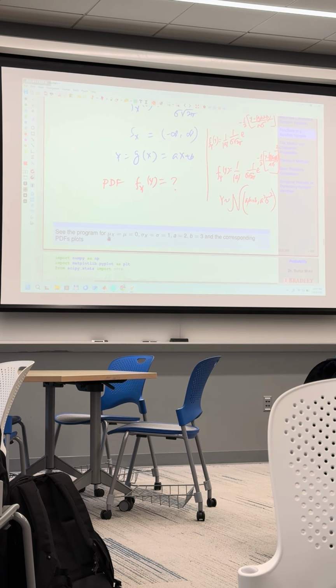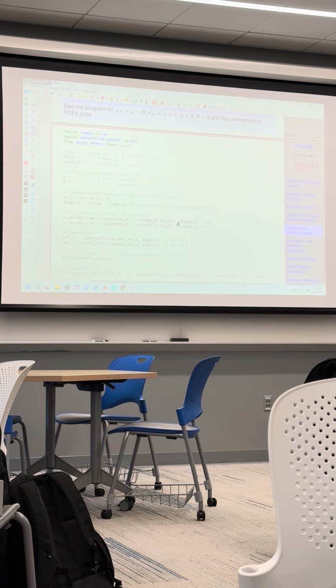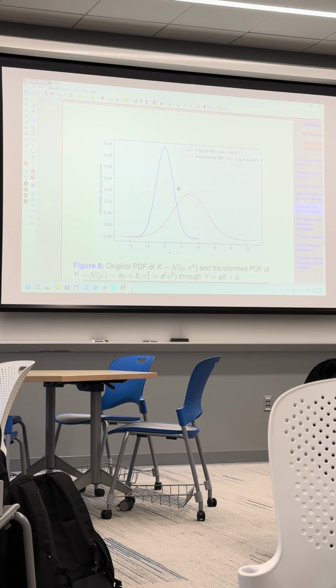I gave you these parameters: mu sub x equals mu equals 0, sigma sub x equals sigma equals 1, a equals 2, b equals 3. Okay? You simply type and understand this code, and your plot should look like this. I just need the Python code. So this is number 1 task.